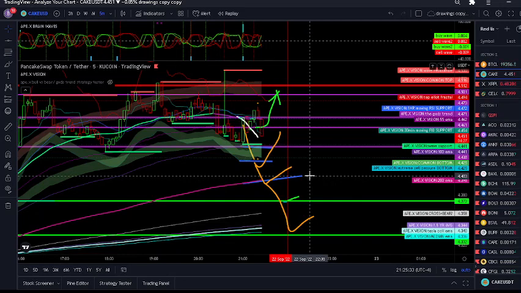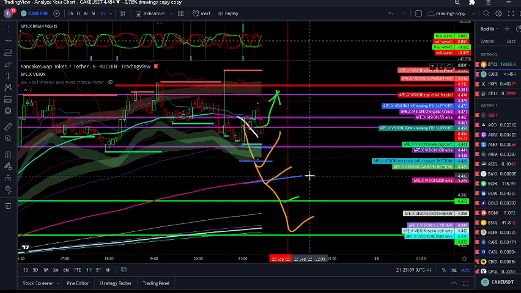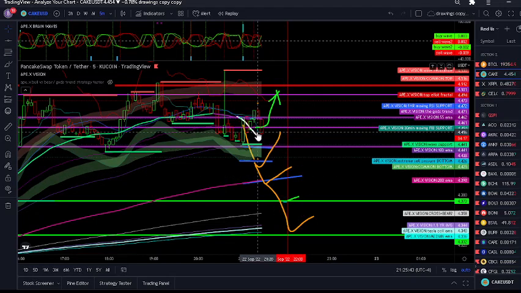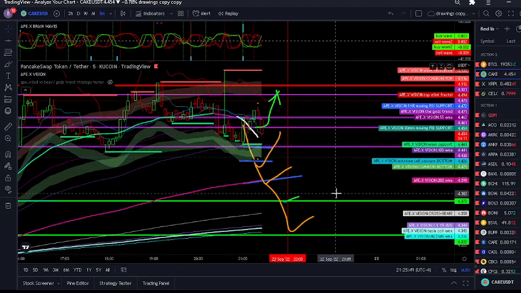No, we're not gonna get a pop back. I think we're gonna immediately come down and test right here in this range at 444 on cake.